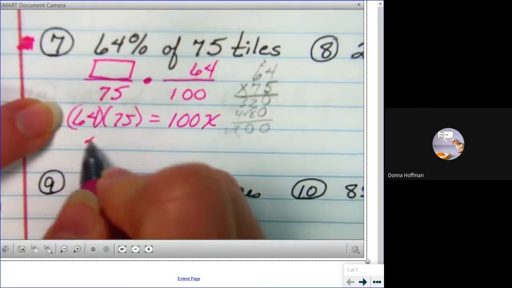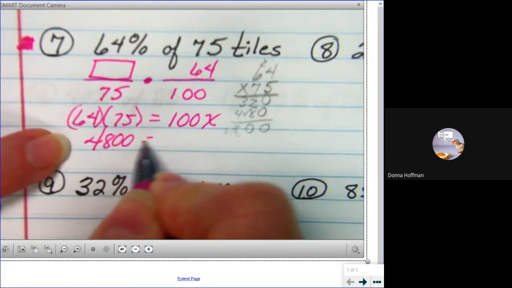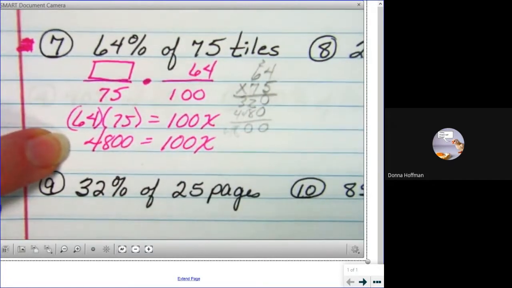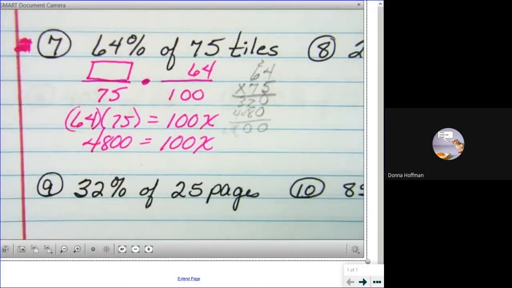Did I get it right? I want you to challenge yourself and at least try multiplying 64 times 75. You should be writing this down in your notebooks as well, because you're going to have practice work to do here shortly.